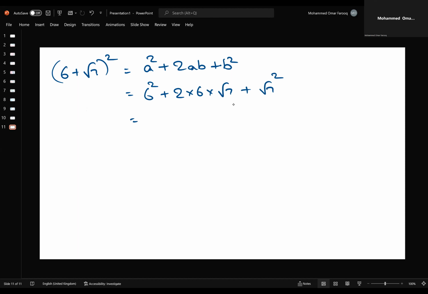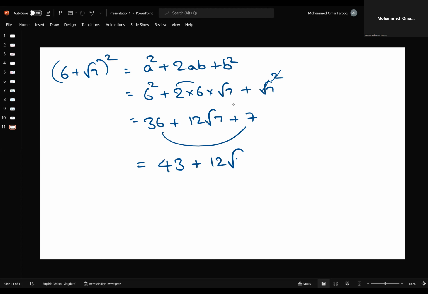So 6 square is 36 plus 6 twos are 12 root 7 plus root 7 whole square. Root and square cancel, so it is 7. So 36 plus 7 is 43, plus 12 root 7. Did you understand?